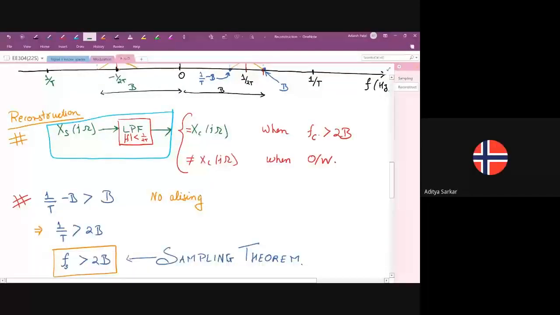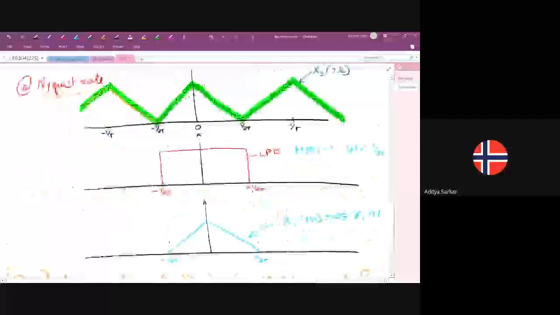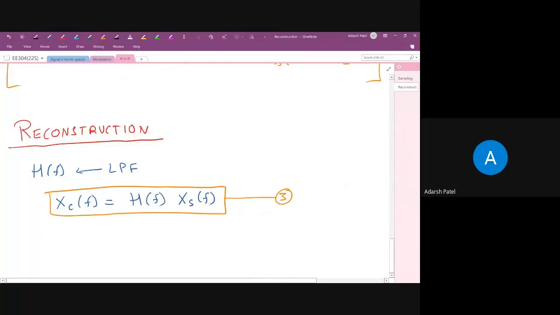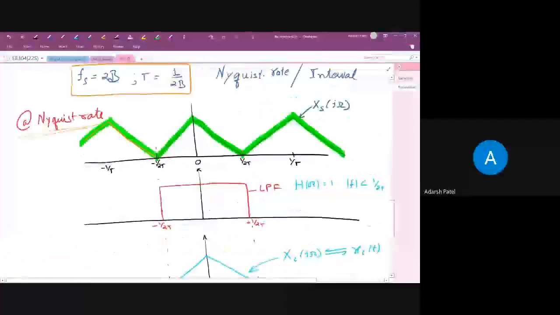Sir, it will happen in the frequency domain, so in the time domain it will be a convolution operation, right? Yes, correct. But I'm asking about equation number 3. Is everyone convinced that equation number 3 is correct? If you are convinced, then we will go ahead in the time domain. Yes, sir.